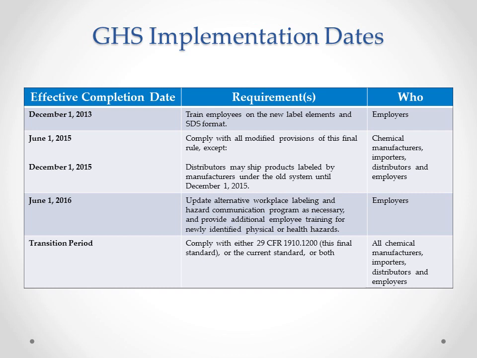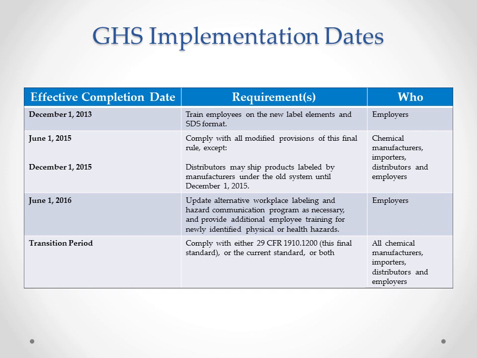They have to retest their products according to the new hazard standards, and then come up with their labels and their new safety data sheets by June 1st, 2015. From June 1st, 2015 until December 1st, 2015, distributors have the opportunity during that 6-month period to clean out all their old inventory.